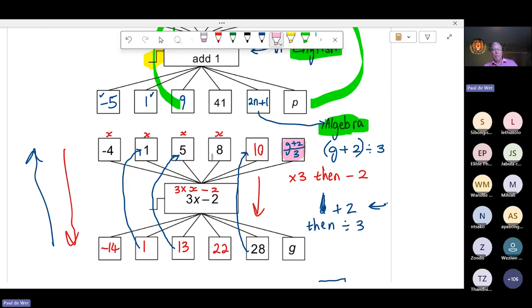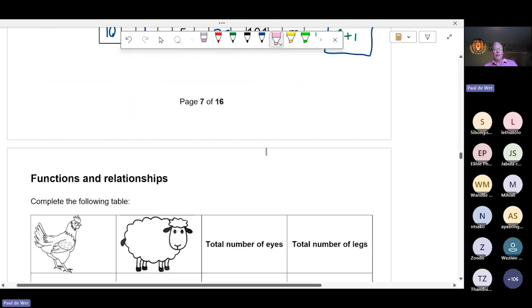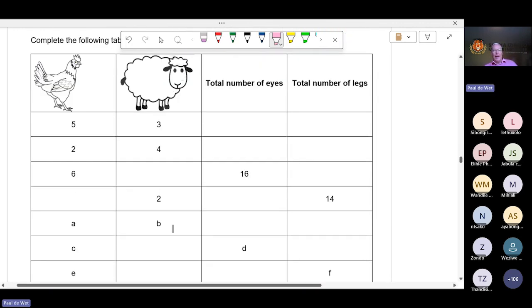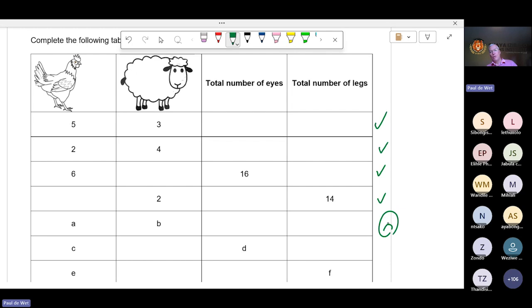All right, guys, we're going to go to page 8 because what we're going to look at now, I'm going to be very interested to see, because my prediction is that all of you can do this row and this row and this row and this row. And now this row, some of you, not all of you, are going to have a problem. Okay, let's do the first row together, guys.